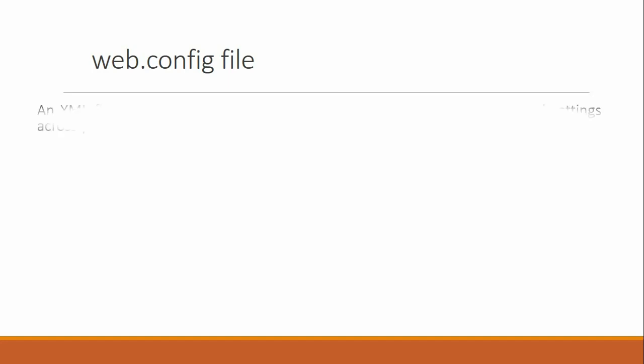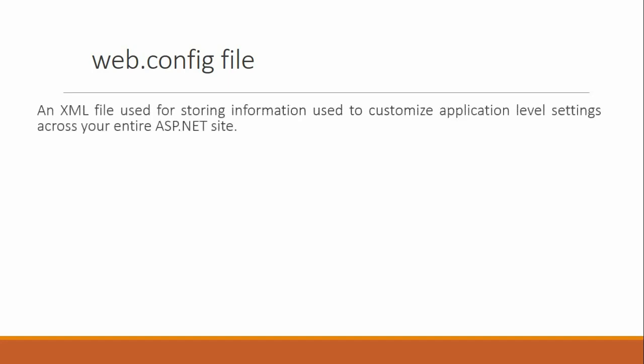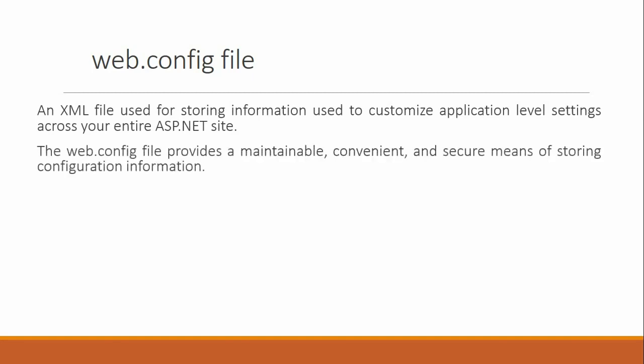So what is web.config? It's an XML file used for storing information to customize your application-level settings across your entire ASP.NET website. Please remember that it's for your entire website. One web.xml in Java, one web.config in ASP.NET. That's all. And this file provides a maintainable, convenient, and secure means of storing configuration information.